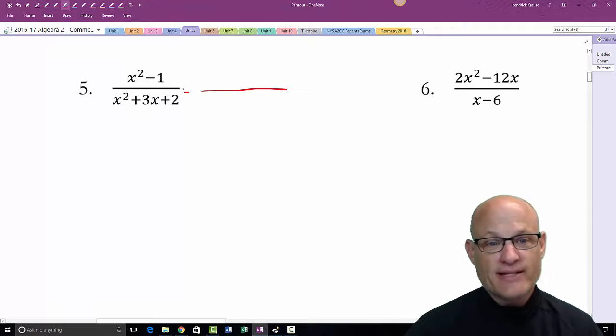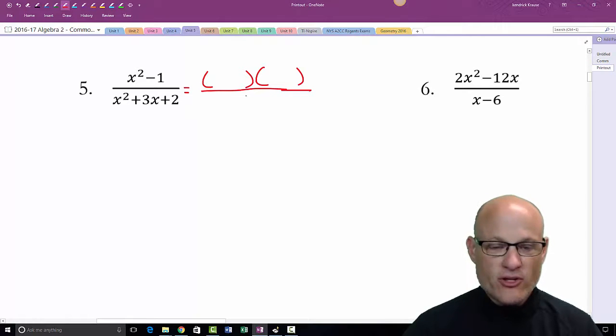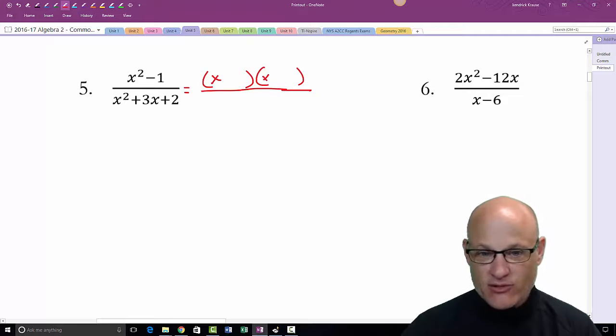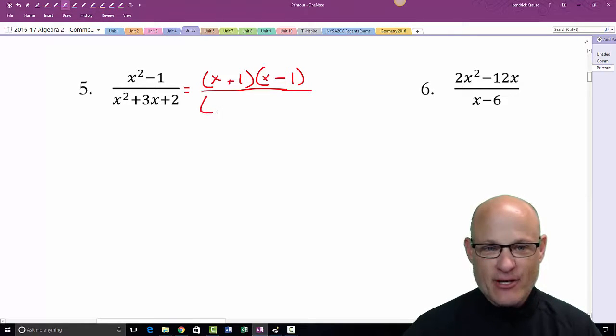All right, let's factor. We got dots again. So the numerator, I got dots: x squared minus 1. So I go x, 1, 1's plus, 1's minus. That was some tough stuff there, kids. Let's factor that denominator. What multiplies to 2 and adds up to 3? They both have to be positive.